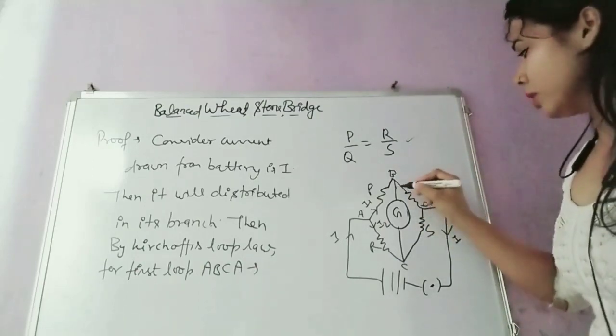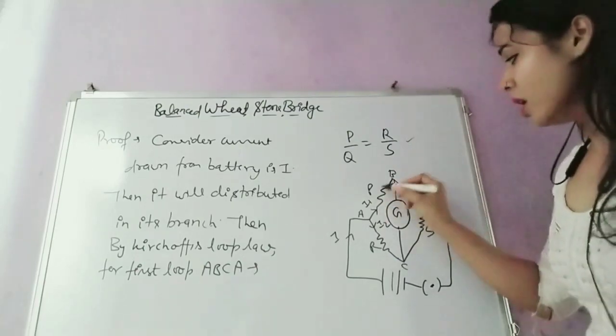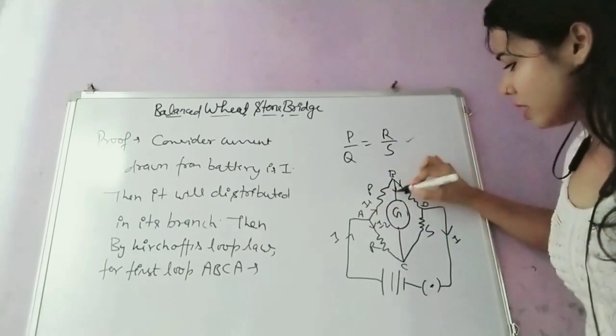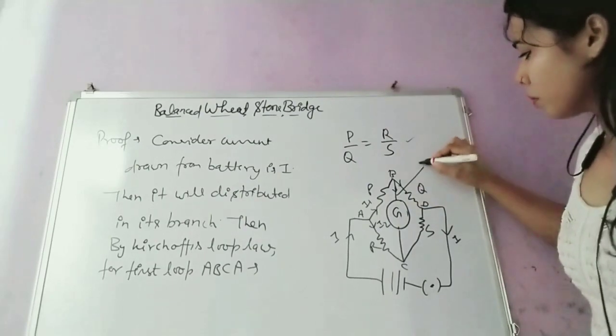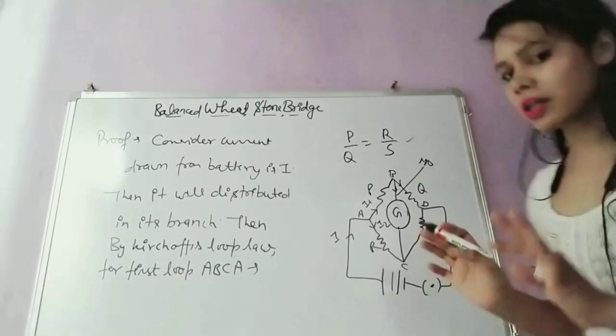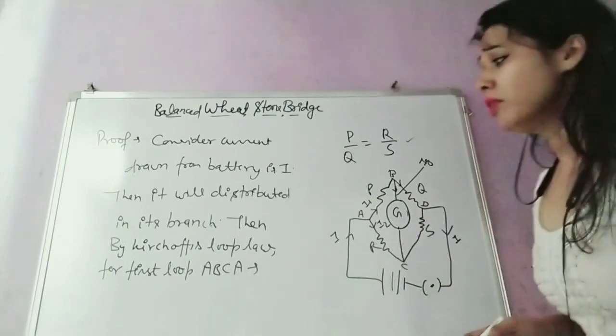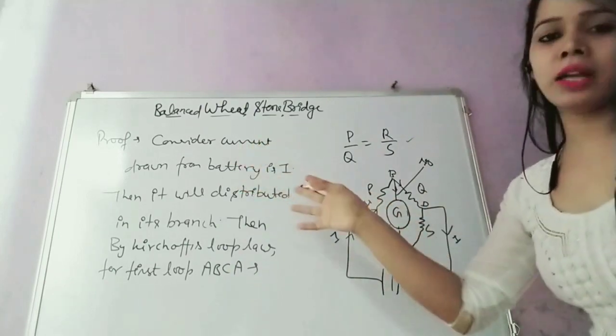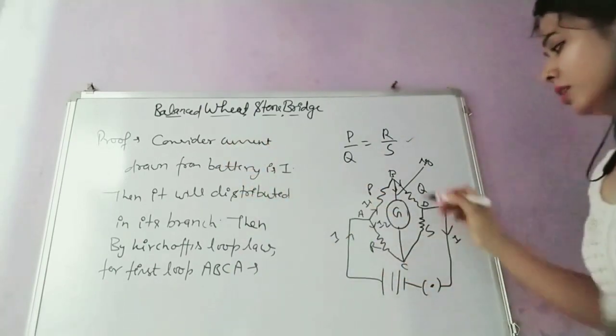Now that is not the matter here. Here we just have to understand this. Suppose IG current is moving through this branch. Now we are considering, later we will apply the condition that there is no current through this branch.